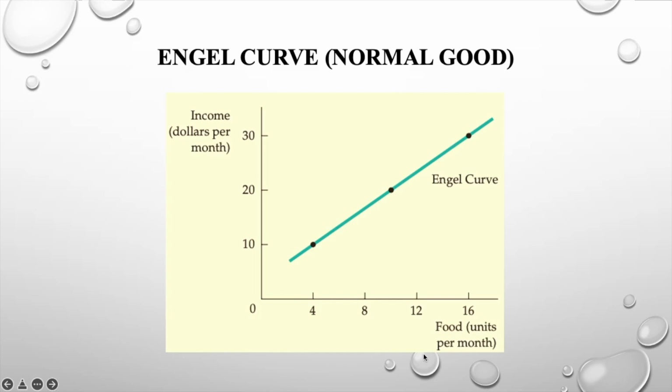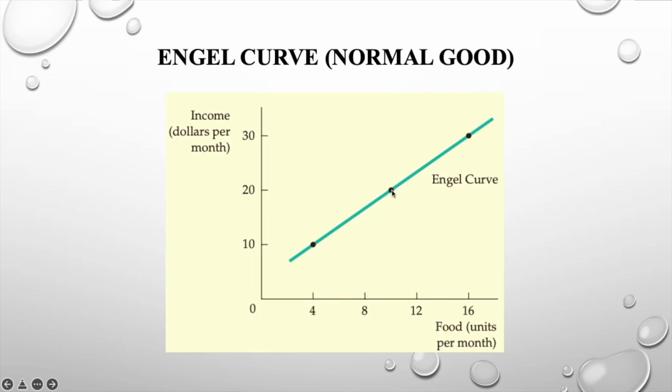Here, on the x-axis, we have units of food consumed, and on the y-axis, we have the income of the consumer. The figure portrays that when the income of the consumer is $10, the quantity of food consumed is 4 units. At $20 of income, the quantity of food consumed is 10 units.